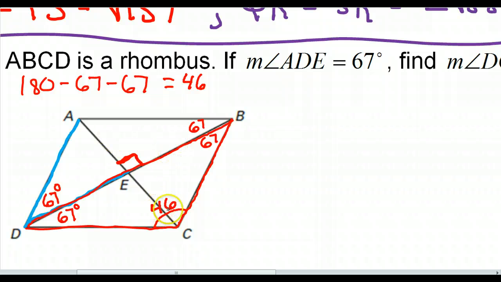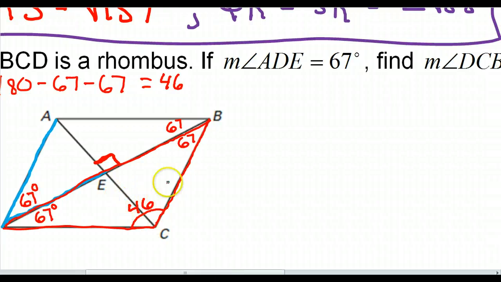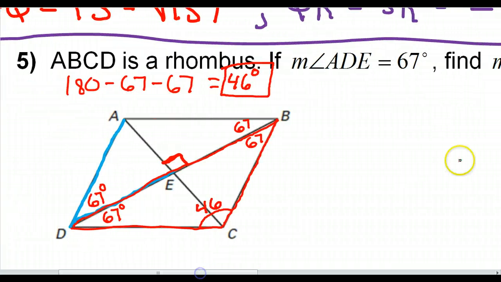But anyway, the measure of angle DCB is what we were supposed to find, and it is 46 degrees. Okay, that's how we do number 5. Please ignore the fact that it should have been an obtuse angle. The drawing is not to scale.